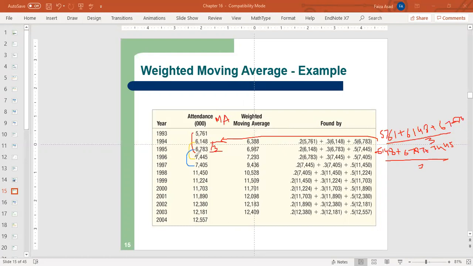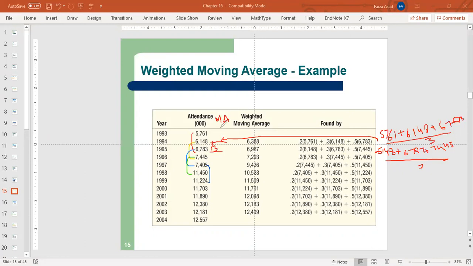So we will move this average by averaging 3 values, these 3 values, and then next will be these 3 values. So we will add up these values and get the answers for the moving average for 3 years.